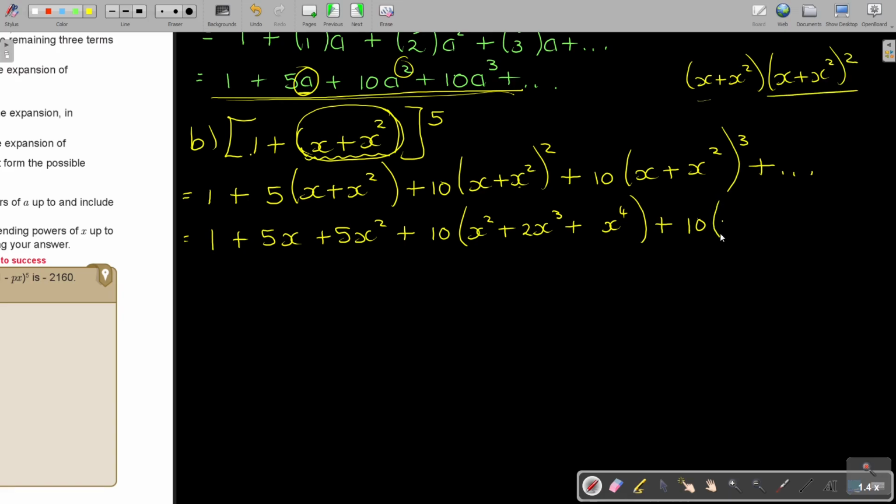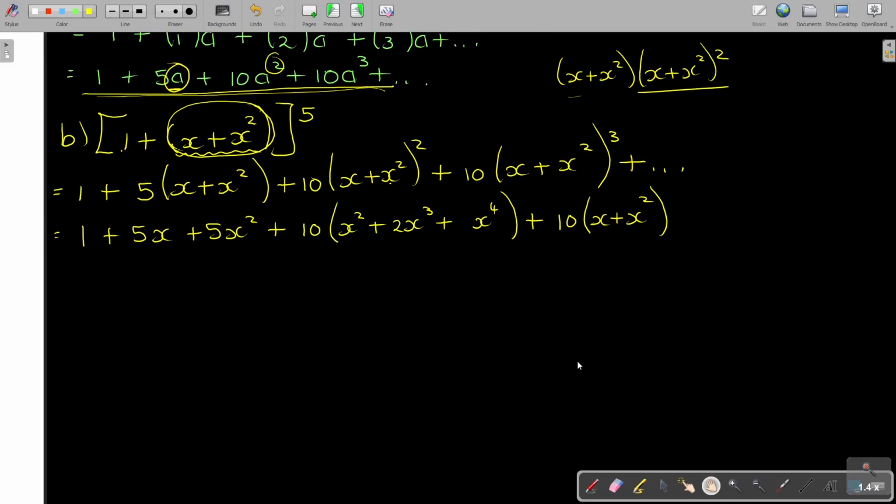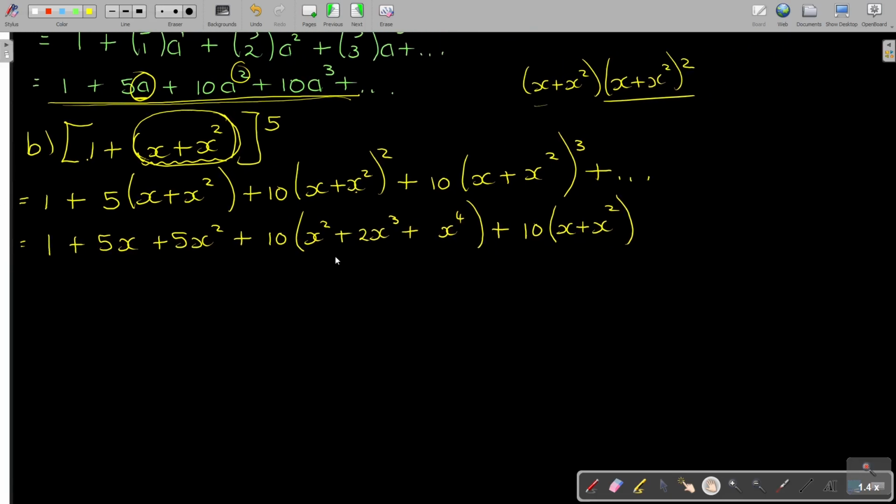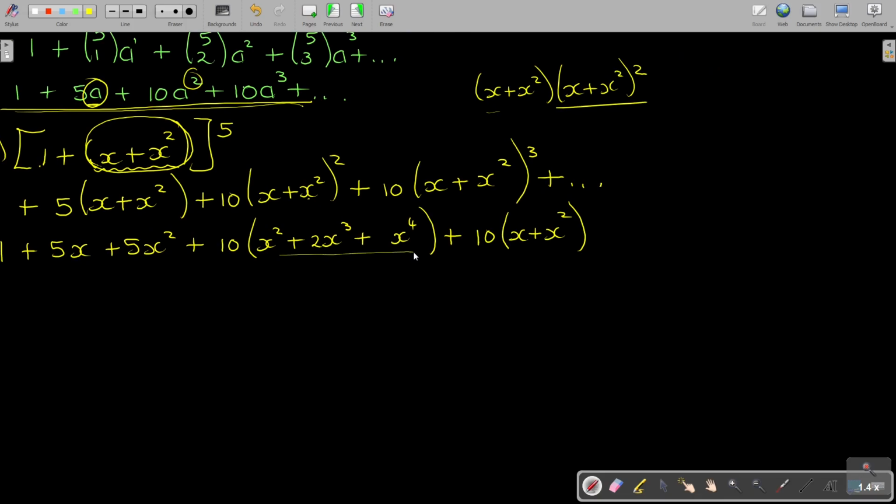So I'm going to write x. It's not to say I'm going to multiply everything out. And now I'm going to write that x squared. I have the x squared. There is the x squared. Let me just get the pen. Okay, so the x squared will be x squared. So keep in mind that I'm busy with that. Okay, so it's going to be x squared plus 2x to the power 3 plus x to the power 4.